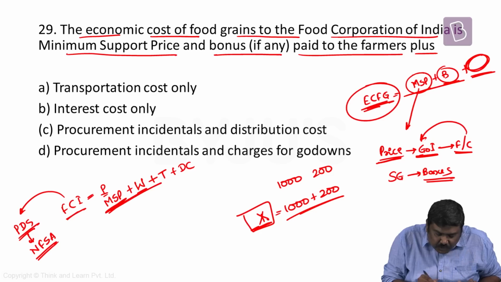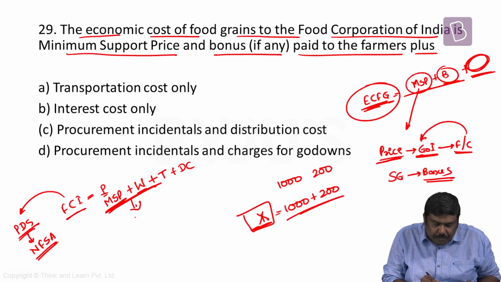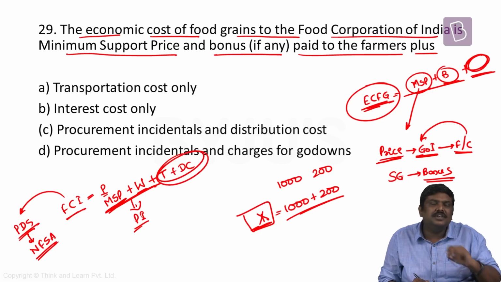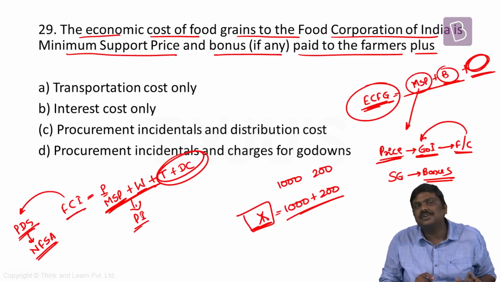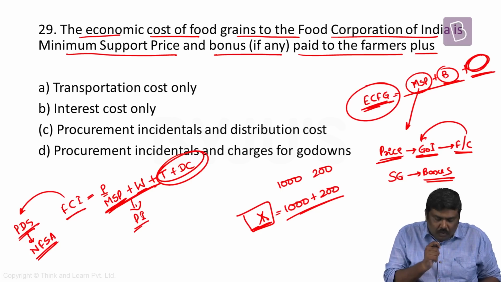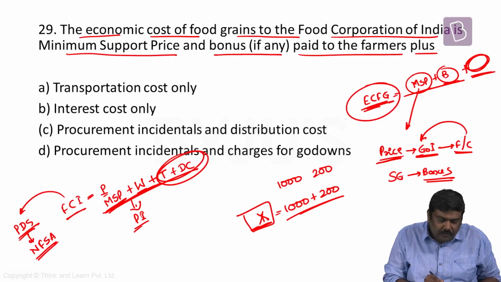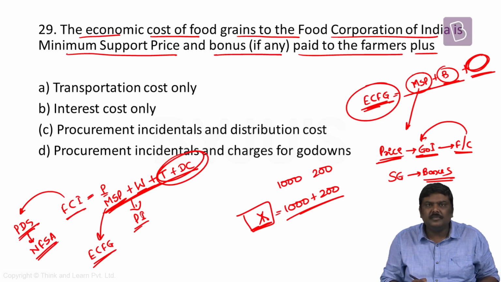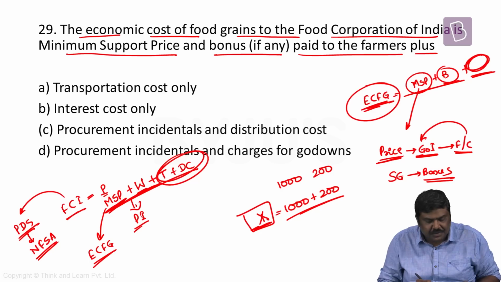The first two are usually called procurement incidentals, and this is called distribution cost related expenditure. All of this put together, we will call the economic cost of food grains. Based on this, the question has been asked.